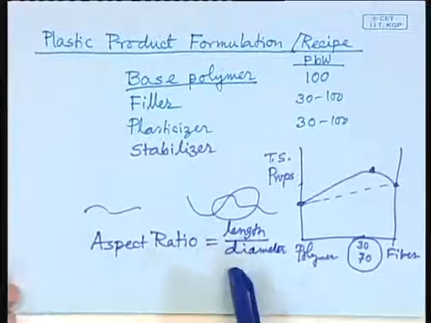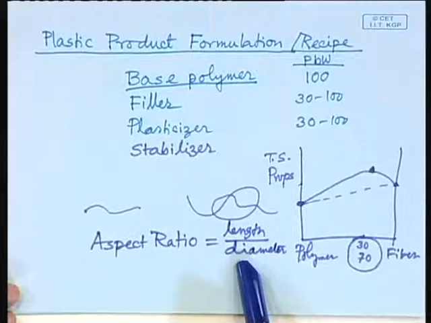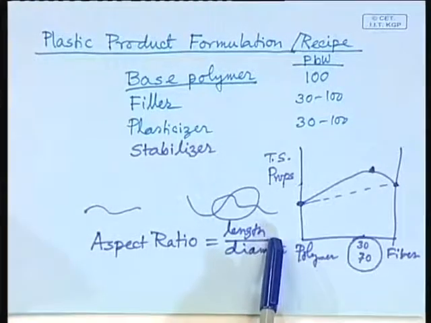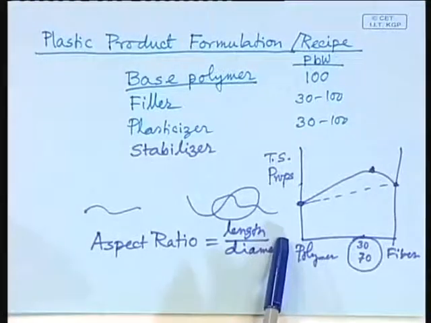That means if the diameter is very low, length is quite high, that means it is a very thin fiber, and its surface area is very high. So, it will be highly reinforcing. If the aspect ratio is very high, it will give excellent reinforcing properties. Thank you.